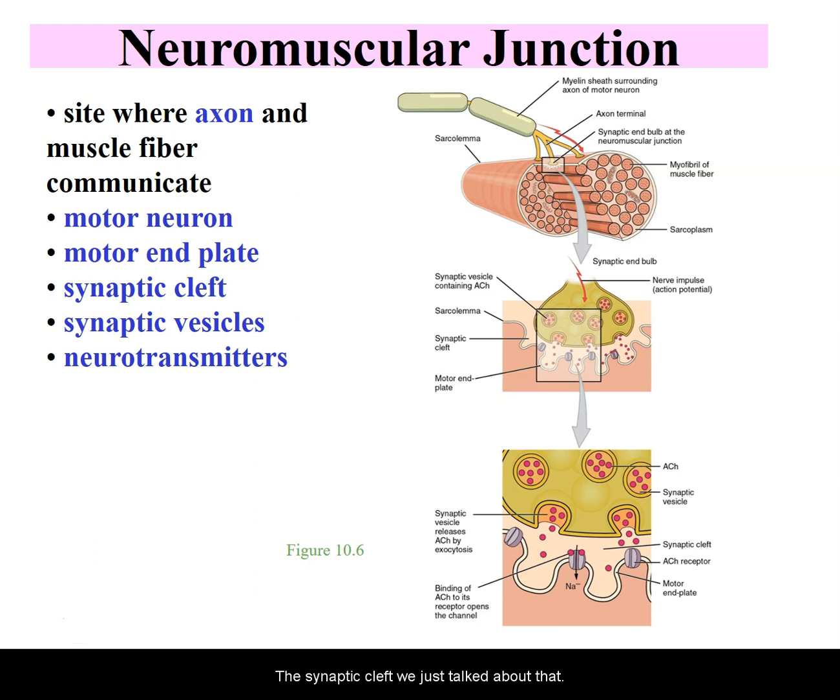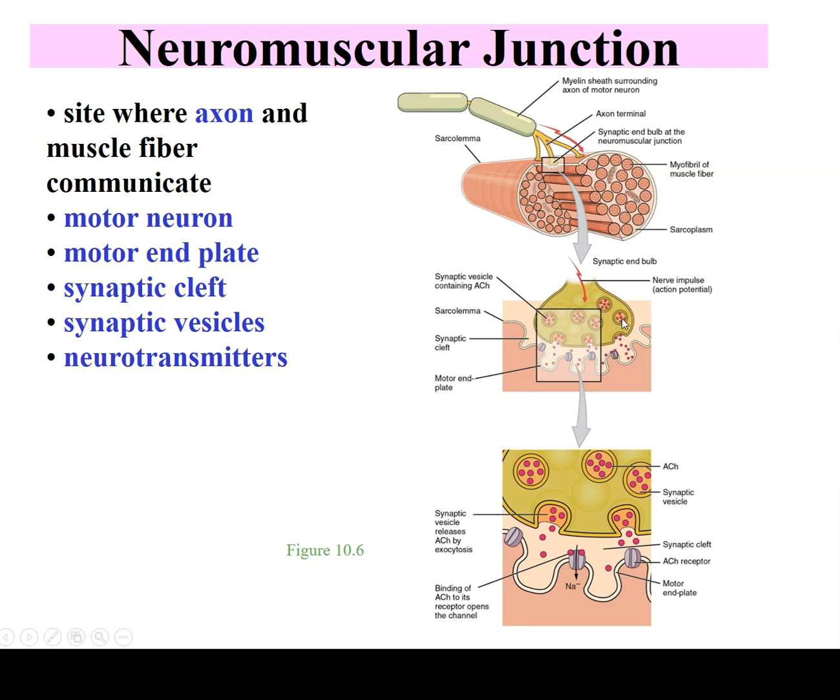The synaptic cleft, we just talked about that. A space that separates the axon endings from the muscle fibers. It's filled with a gel-like substance. Then the synaptic vesicles. These structures here are the synaptic vesicles.